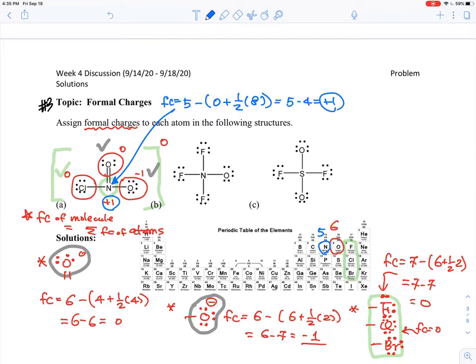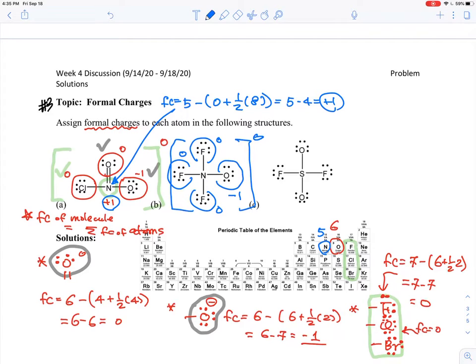Okay, so moving on to the second set of questions. Once more, this is quick. This is a -1. This is 0. This is 0. This is 0. And then overall, I know it is a 0 because no charge is being given.